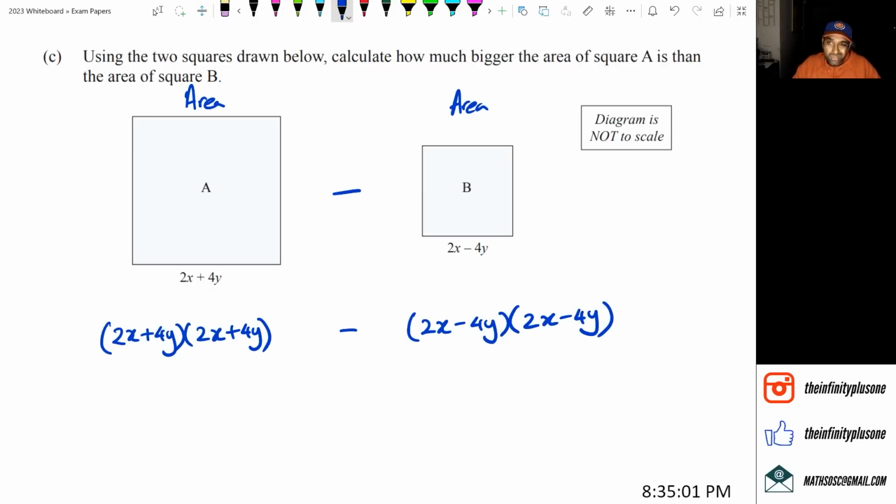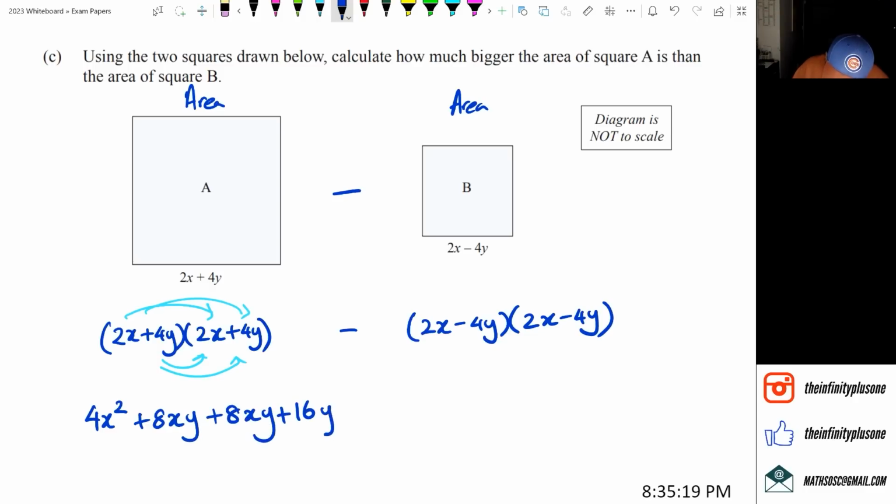So all you've got to do is expand the brackets and then simplify. We're going to expand this quadratic first, and when we do that, we get 4x squared plus 8xy plus 8xy plus 16y squared minus. Now here is where you need to be careful. When you're subtracting a quadratic, it's always a good idea to put an extra bracket here, because that minus sign is going to have an impact on the signs for that whole quadratic.